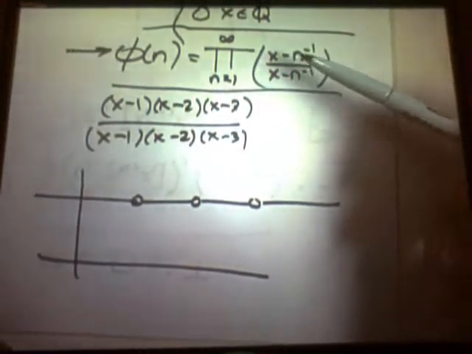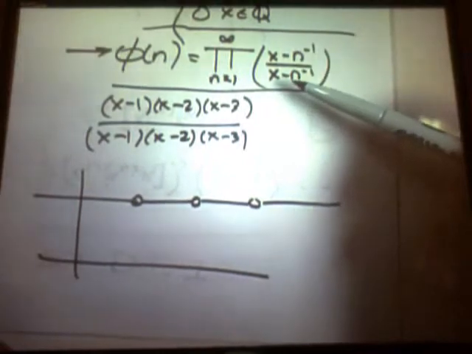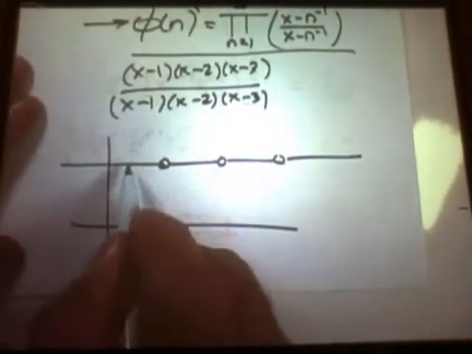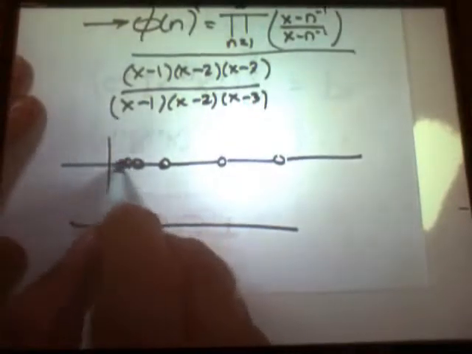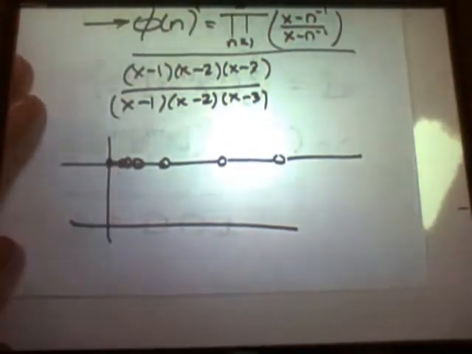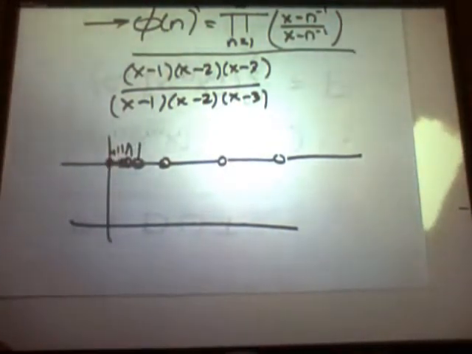But 0 is a limit point for the discontinuities of this function. This might be interesting. 0 is fine, 0 is a good value. It's 1 at 0. But these things just all pile up. That's a limit point there.